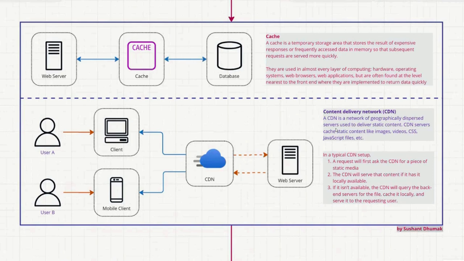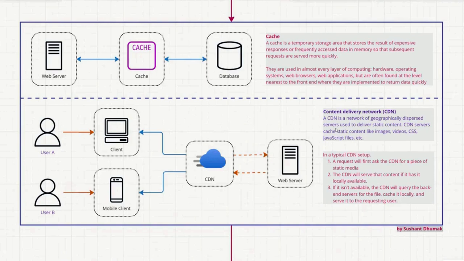For example, in Asia, if there is a server and CDN in Pune, whoever is accessing from close to Pune will be able to access it through the CDN closest to that user. But if it is in a country in Europe and they are accessing the same website, they can get that data from the server which is in Europe.